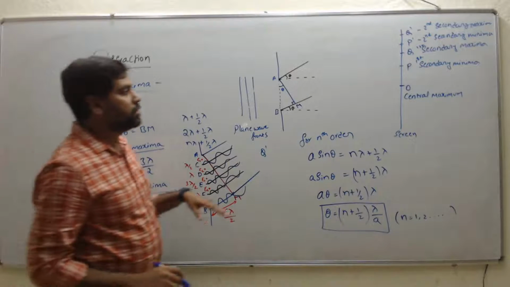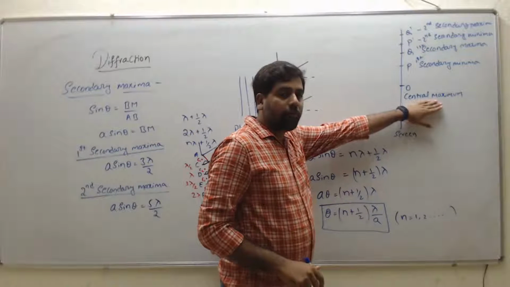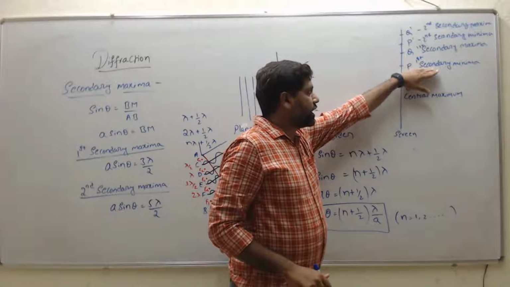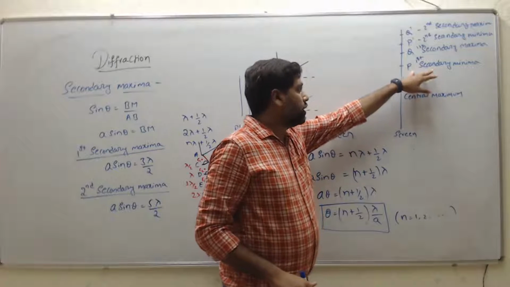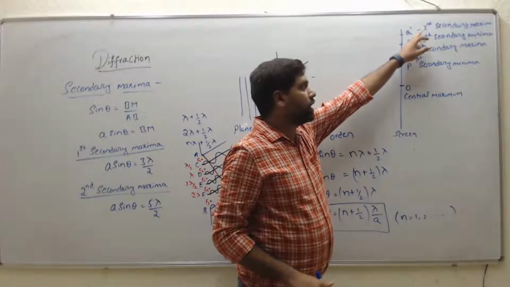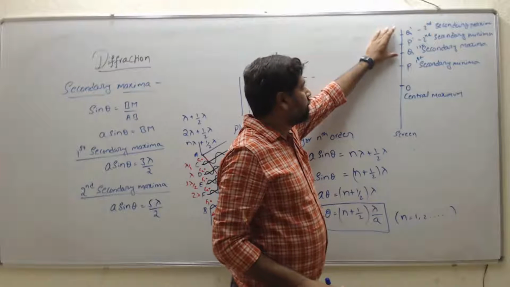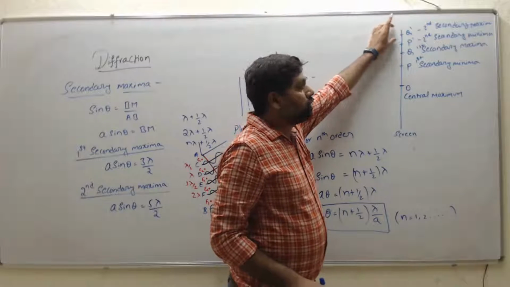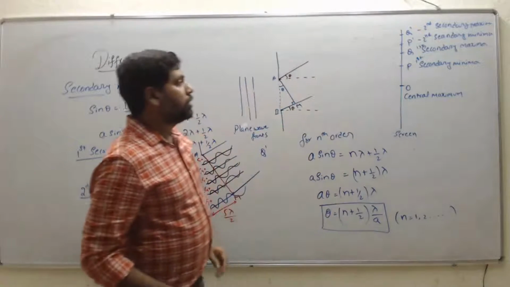So understand this one. At the center we get the maximum intensity. Then for the first secondary minima we get the dark region, again bright, again dark and again bright. So wherever we get the bright region, the intensity goes on decreasing.